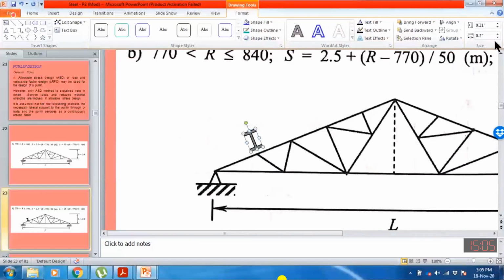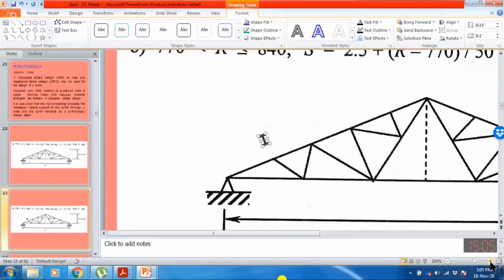Okay, here you may see that we have 1, 2, 3, 4, 5 and 6 panel points.